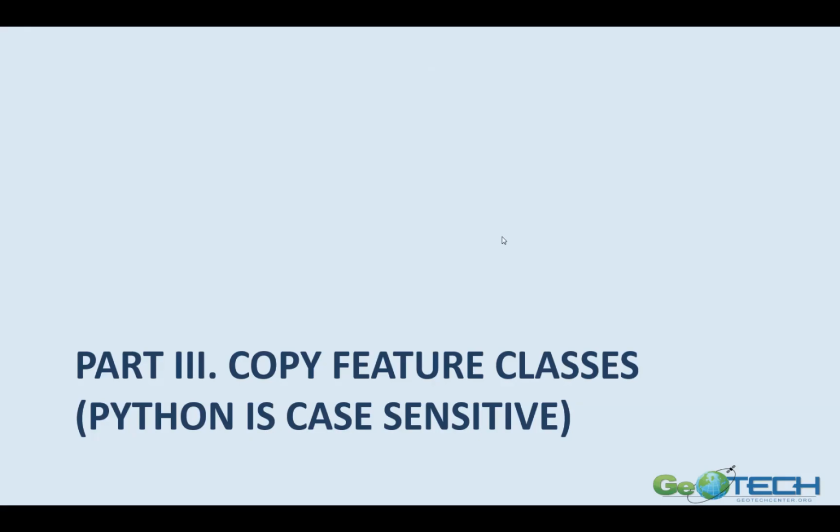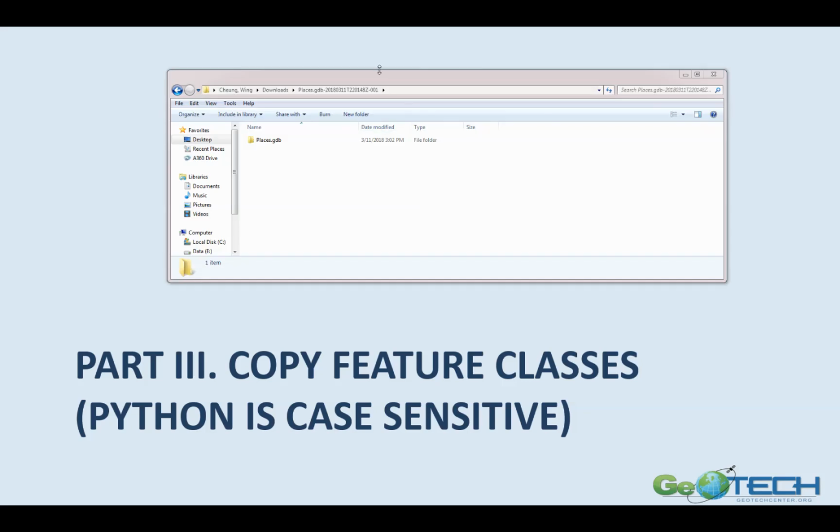In this next part, we're going to copy the museums feature class from the places geodatabase that your coworker gave you and that you downloaded and unzipped already. So as you can see here, maybe in your downloads folder or wherever you saved the file, you should see a folder called places.gdb and then the date and time in which you downloaded it.